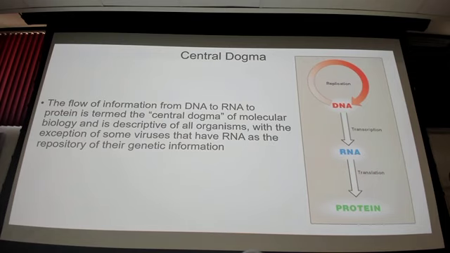So hopefully you guys all remember the central dogma theory, and that theory is that DNA, which contains our genetic information, is replicated, and that is replicated to pass that information to new cells. It's also transcribed into messenger RNA.